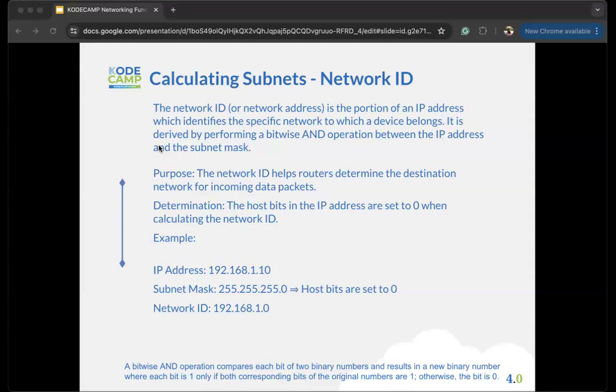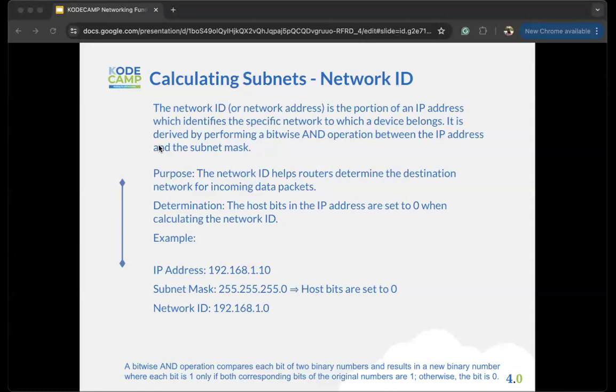That IP address has a subnet mask of 255.255.255.0, which shows here that the host bits are set to 0. So your network ID is 192.168.1.0. That is the network ID to which this IP address belongs.